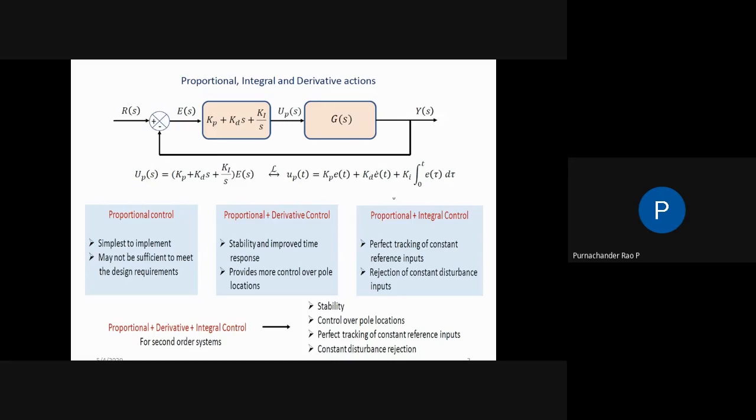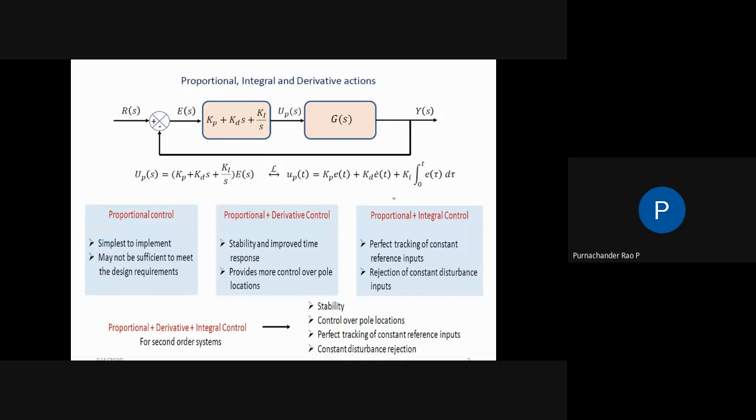Proportional plus derivative means Kp plus Kd into s, which can stabilize and improve the time response of a system, and it provides more control over the pole locations. Whenever the poles are located differently, the system performance may vary. And if you use the proportional plus integral controller, tracking of constant reference inputs is possible, and it also rejects the disturbance signals in the system.